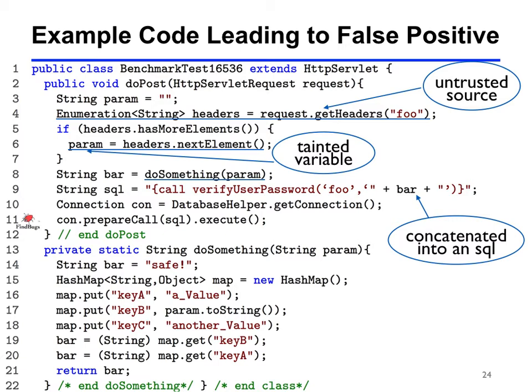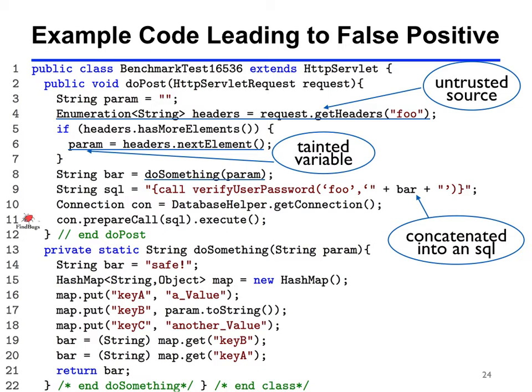Bar is then concatenated into an SQL string to be executed on the database. The question is, was bar safe? Because if it is not safe, there is a potential SQL injection threat. Very simply, in SQL injection, malicious users manipulate SQL queries to perform operations on a database that they normally do not have access to.